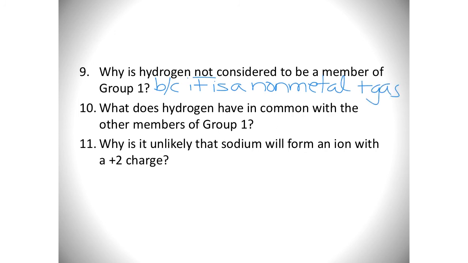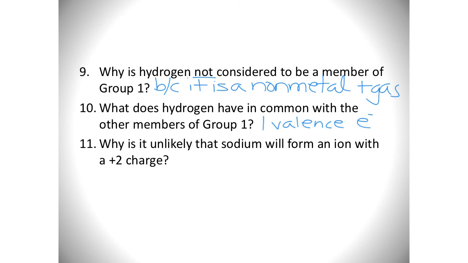And the rest of group 1 is also solids. Number 10, the reason why hydrogen would be considered a member of group 1 is because it has 1 valence electron, just like everything else in group 1. So again, sometimes it's considered to be a member of group 1. Often it is not, since it's a non-metal and a gas.